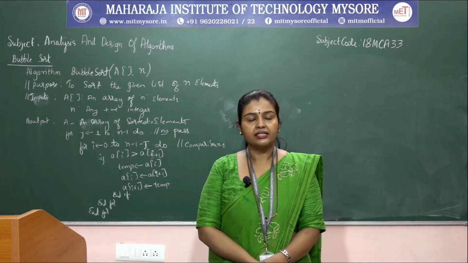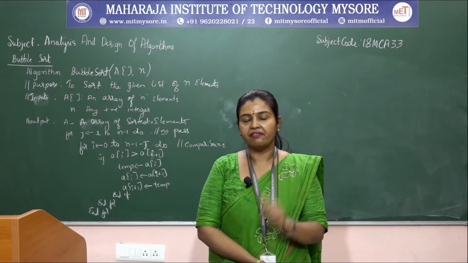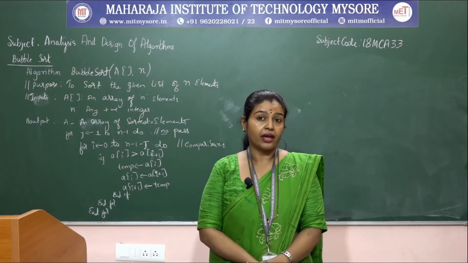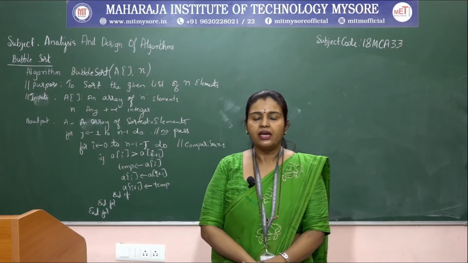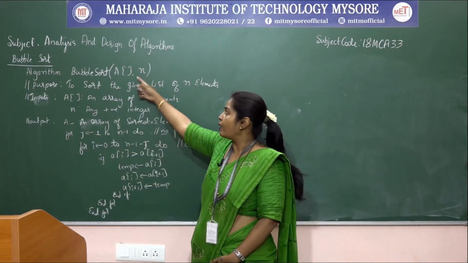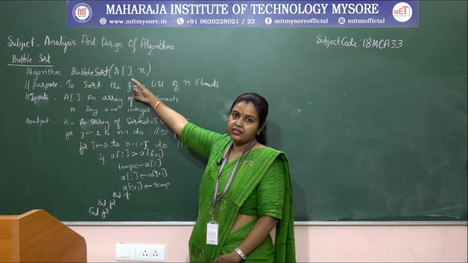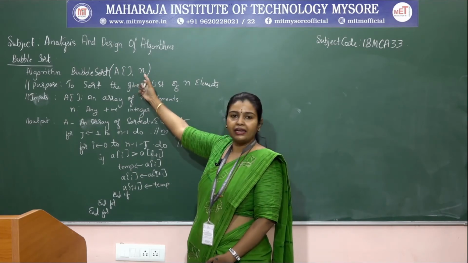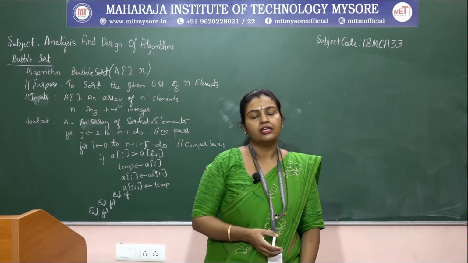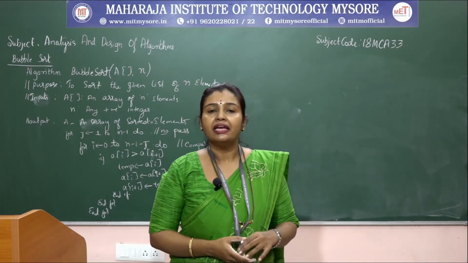In order to analyze the algorithm, we have 5 different steps. First, we need to identify the input parameters. If you observe this algorithm, what are the input parameters we have? We have only A, an array of n elements. So what is the size of the input here? The size of the input is n.